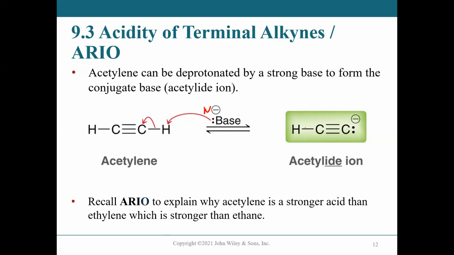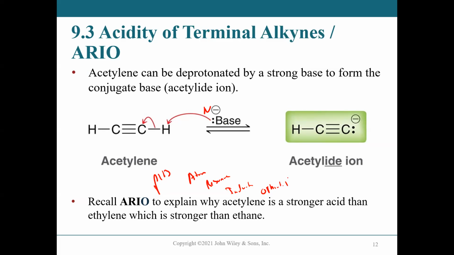So if we go back to page 113, we find the acronym ARIO, which is atom, resonance, induction, and orbital. So atom, which atom bears the charge? Resonance, are there any resonance effects that make one conjugate base more stable? Induction, are there any induction effects that stabilize one of the conjugate bases?